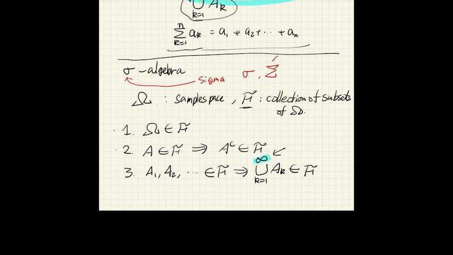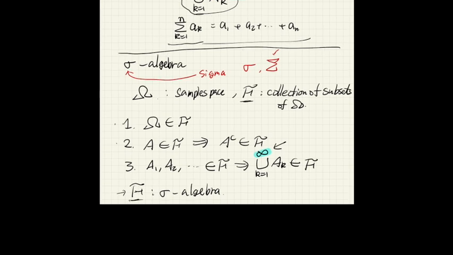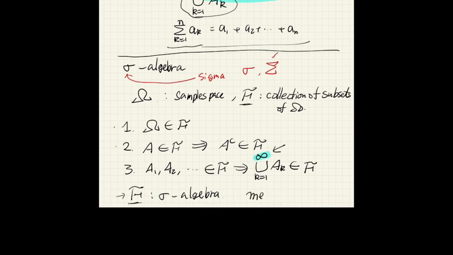And if F is a sigma algebra, then the elements of F, the subsets of omega which are elements of F, are called measurable sets. It sounds like they can be measured by something, right? So what can measure them?